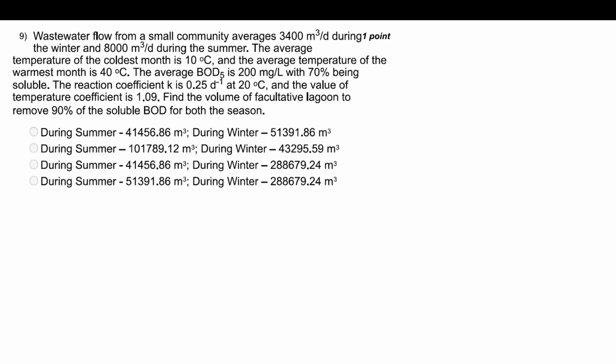Moving forward, next question: wastewater flow from a small community averages 3400 meter cube per day during winter and 8000 meter cube per day during summer. So there are two seasons for which data is given. Let's first write down the data.